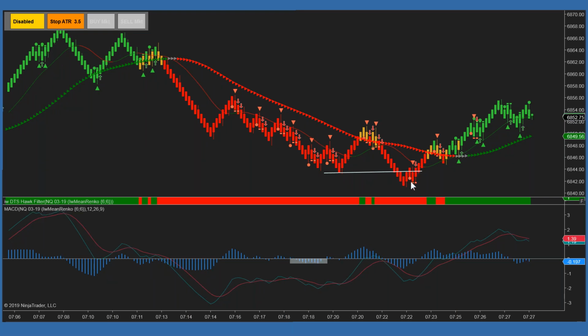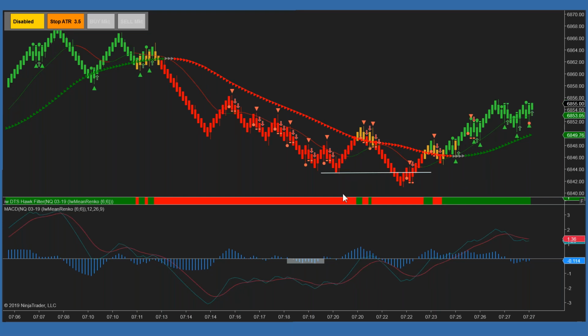Now here the follow-up signal came, but it didn't engage. So even though the MACD looked like it was following through, there was no follow through on price.